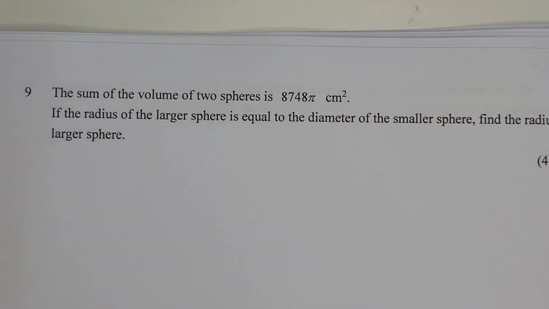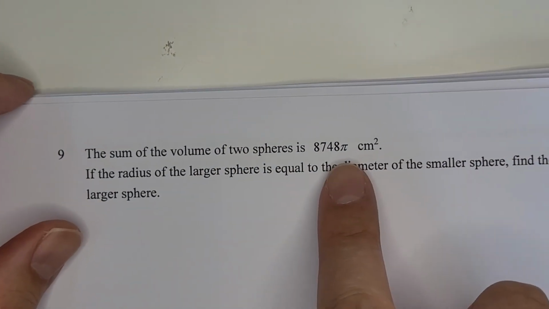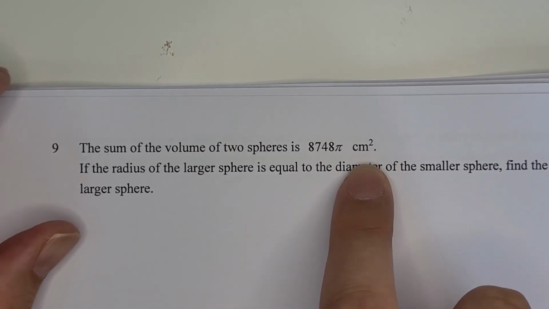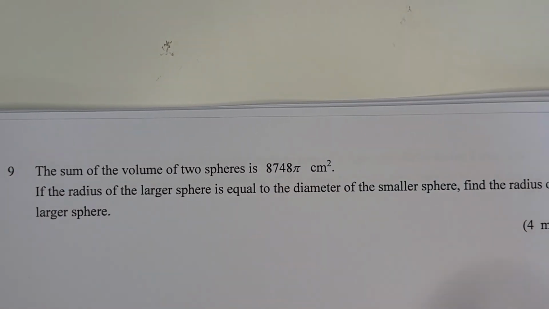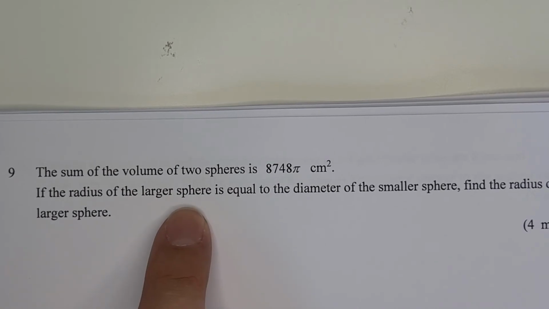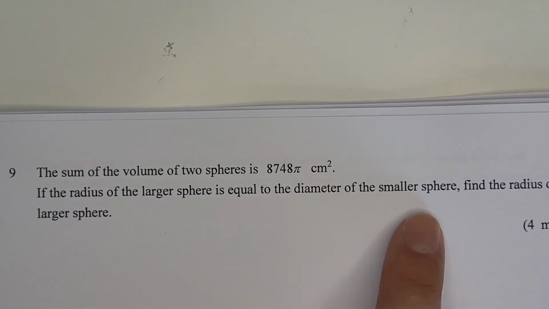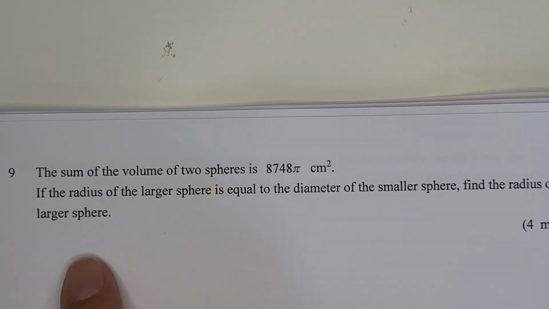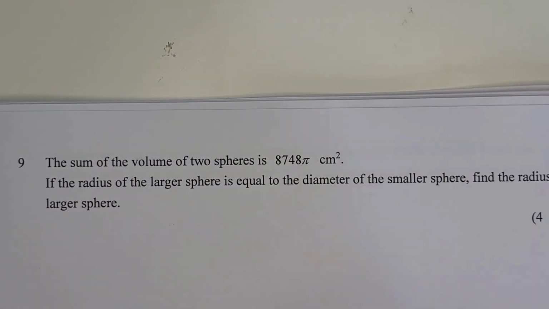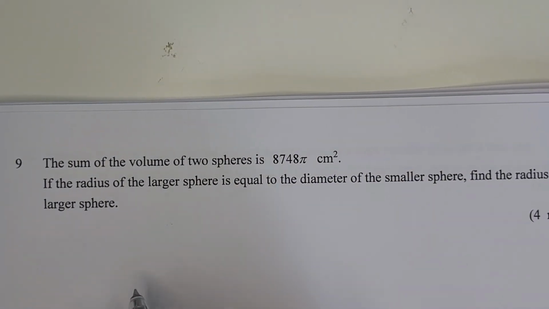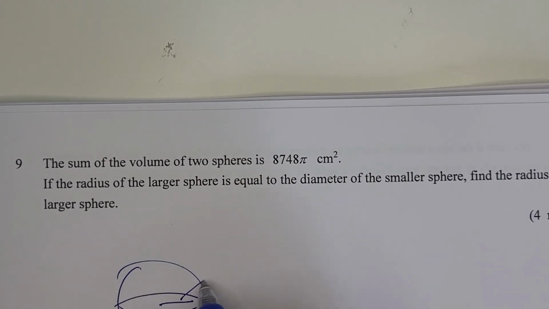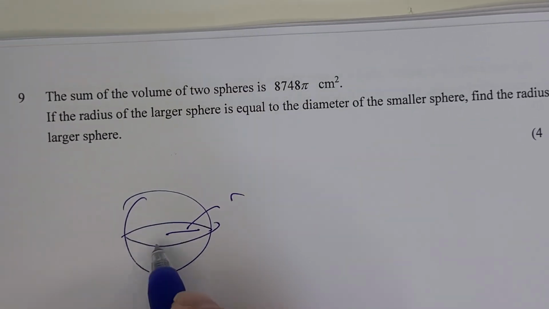For question number 9, the sum of volume of two spheres is 874 pi cm square. The radius of the larger sphere is equal to the diameter of the smaller sphere. Find the radius of the larger sphere. So suppose the smaller sphere with the radius r, then the diameter will be 2r, right?